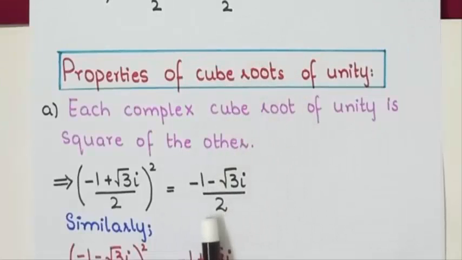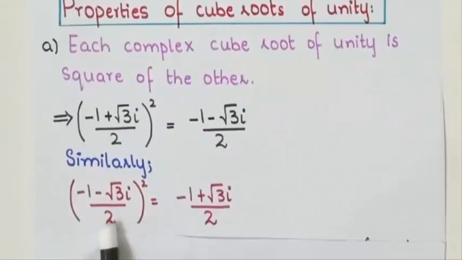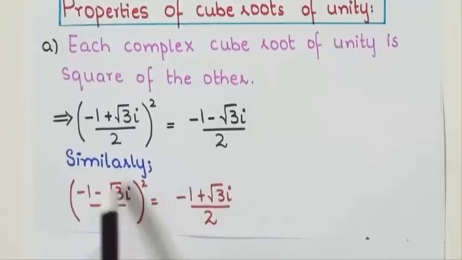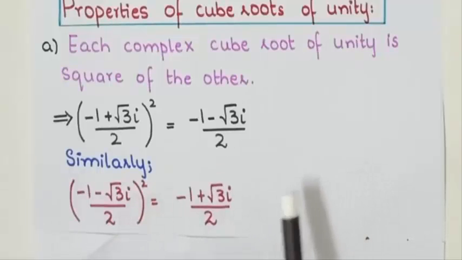As you can see here, (-1 + √3 iota)/2 whole square is equal to the other root. And if we take the square of this root, it will be equal to the first root. So it means if we have the two complex cube roots omega and omega square, each one's square is equal to the other.